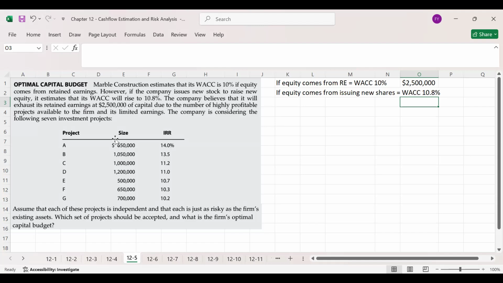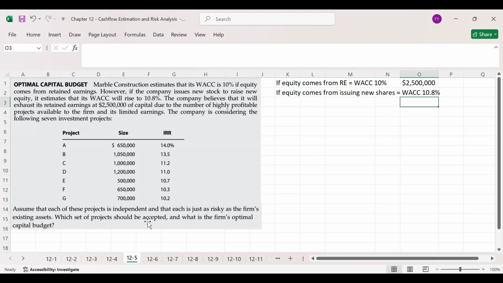And the size of the investment is also here: project A requires $650,000, project B requires $1,050,000, and so on. So these are the investments required by these projects, and their internal rates of return are also here. Assume that each of these projects is independent and that each is just as risky as the firm's existing assets. So which set of projects should be accepted?